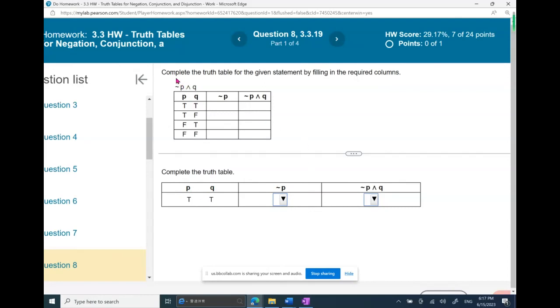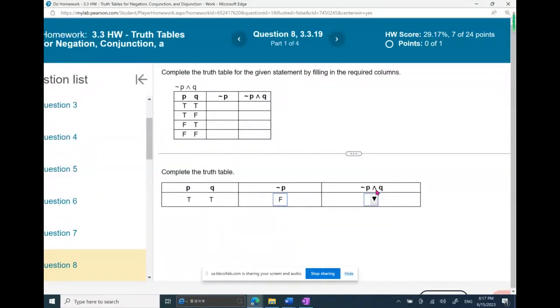Since this compound statement contains two simple statements, P and Q, the first two columns should be P and Q. There's no vertical line here, but actually it's supposed to have one. The first case would be when both P and Q are true. I'll explain that after we finish the table. So P is T, then not P is F.